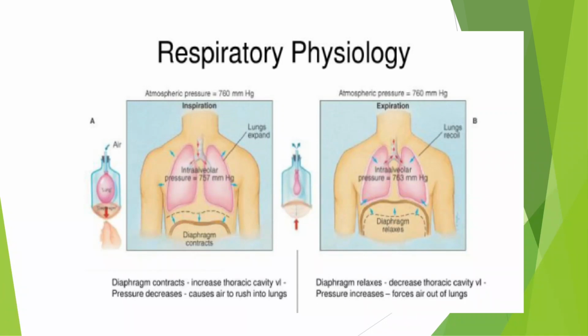When the diaphragm contracts, the thoracic cavity volume increases, then the pressure decreases, which causes the air to rush into the lungs. In case of expiration, the diaphragm relaxes and decreases the thoracic cavity volume, then the pressure increases and forces the air out of the lungs. This is the major respiratory physiology.